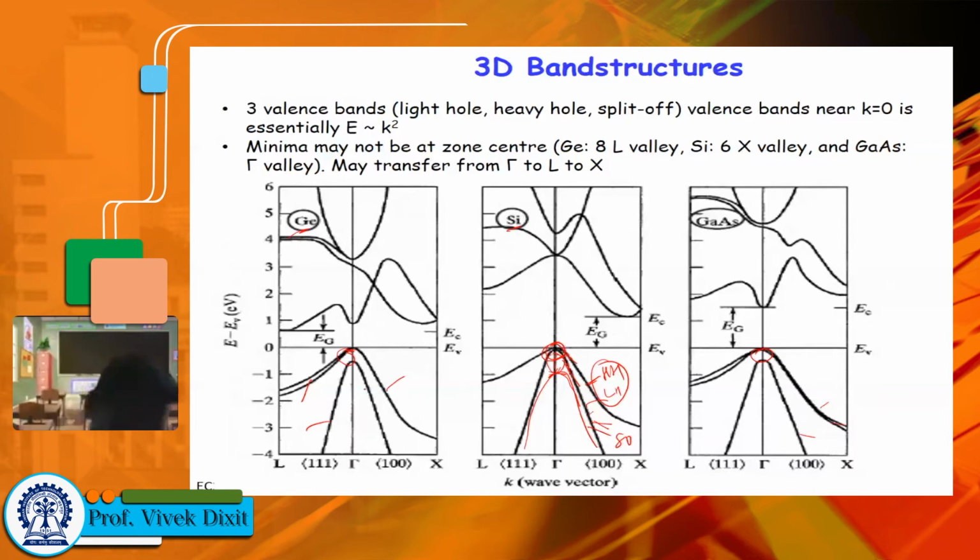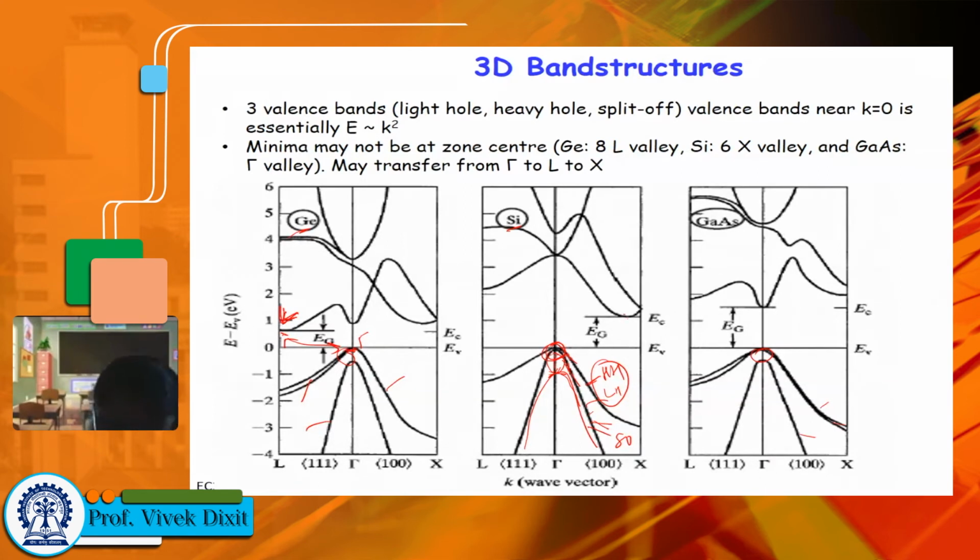Now look at the conduction bands. In case of germanium, the lowest lying conduction band is at L, right? So this L valley is the lowest lying. The maximum of the valence band appears at gamma, and the minimum of the conduction band appears at L, right? So this will be an indirect band gap.